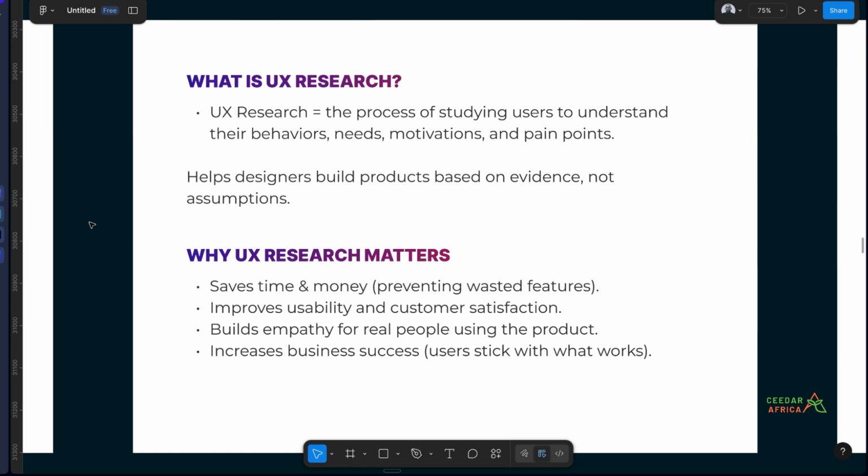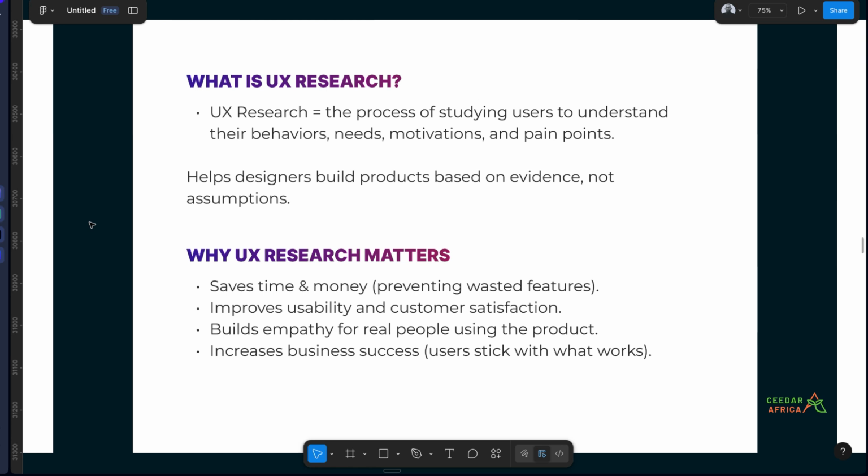First of all, you do your research to understand how tenants operate, what tenants would probably need on the application, and how landlords operate, and what features would help the landlord operate better. If you have all of this data ready after your research, you won't be building with assumption, you'll be building with evidence. That's the whole essence of carrying out UX research, right?